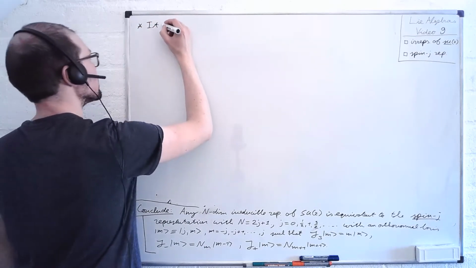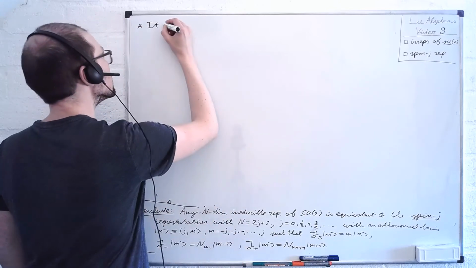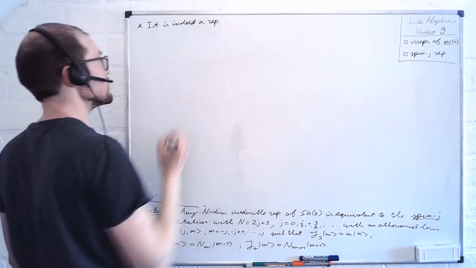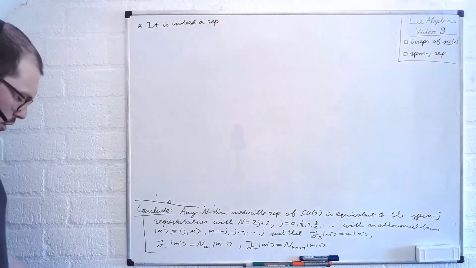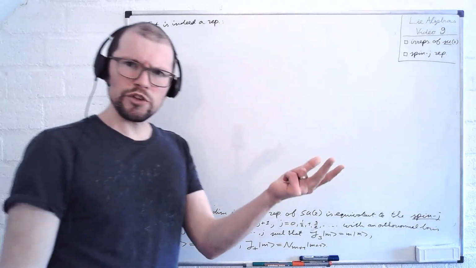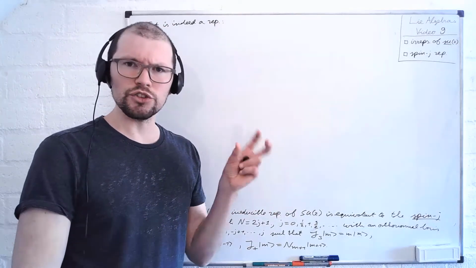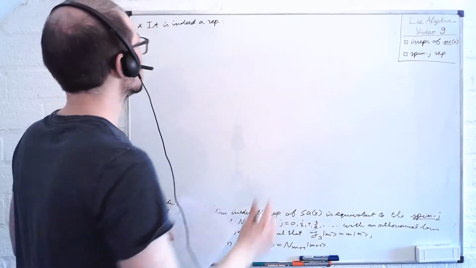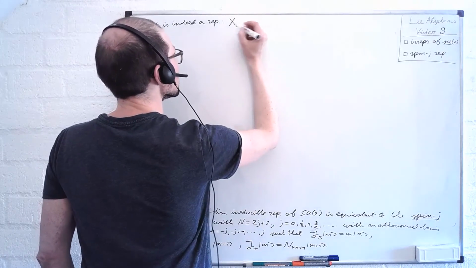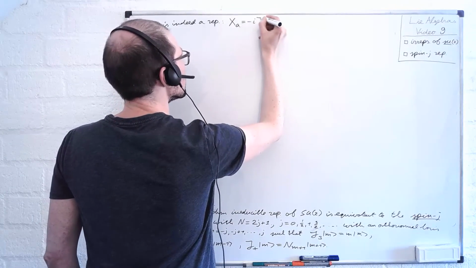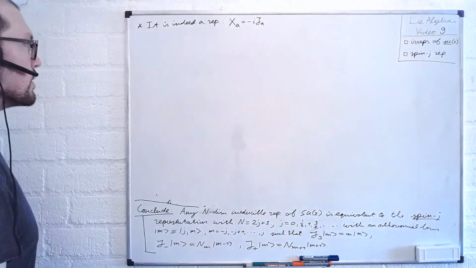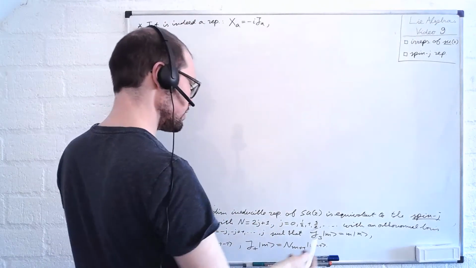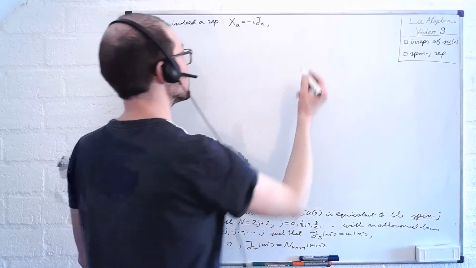So one has to check that it's really a representation. What should we do to check whether something is a representation? We should check whether the generators X satisfy the correct commutation relations. So check that X of A, which was related to J in this way, where J2 and J3 were these linear combinations of J plus and J minus.